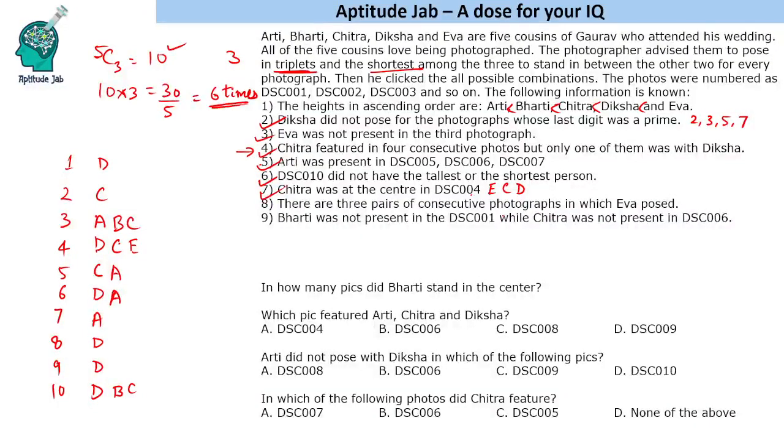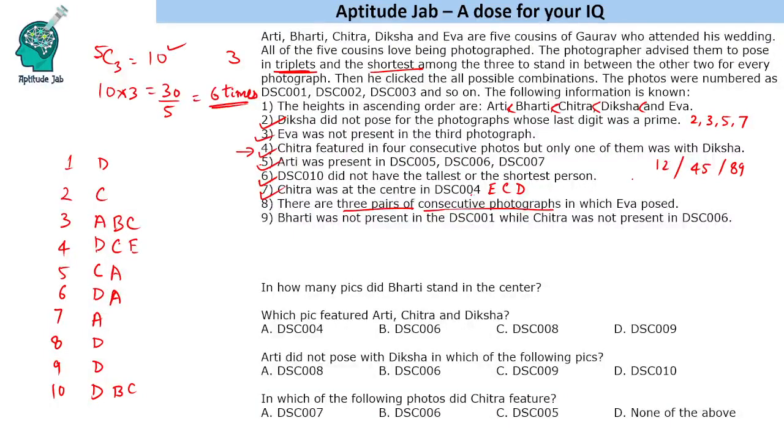What does this mean? This means that 3 pairs of consecutive photographs, 3 pairs. What does a pair mean? 2 photographs at a time, of consecutive photographs. So this means that either 1 2, then after 1 2 there is a gap. Suppose she is not in 3, then 4 5, then suppose there is a gap, she is not in 6 7, then 8 9.